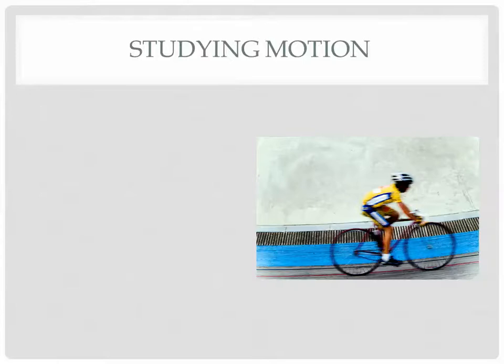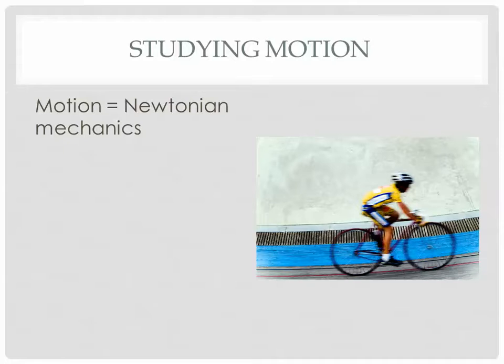Now, in terms of studying motion, we have a fancy word for motion in physics, and it doesn't include just motion, but all the things that happen when we're studying motion. That fancy term is called Newtonian mechanics. It's by far the biggest unit in the course, and we'll be spending several months talking about it.